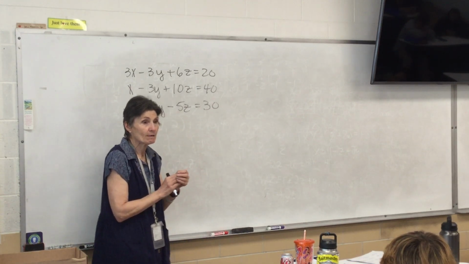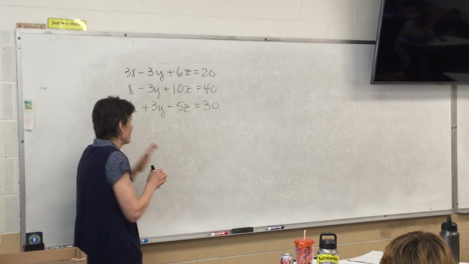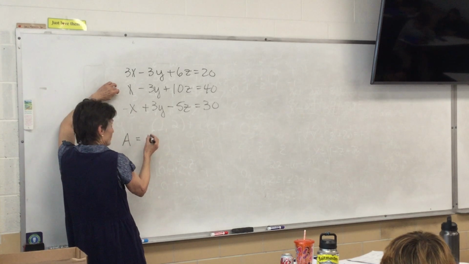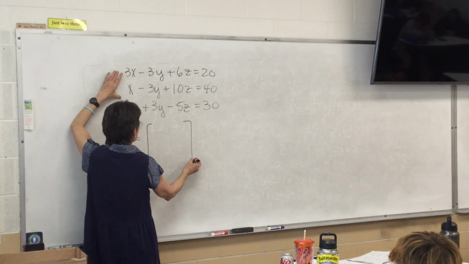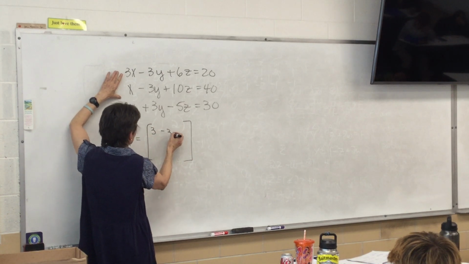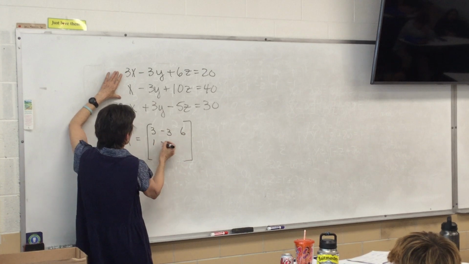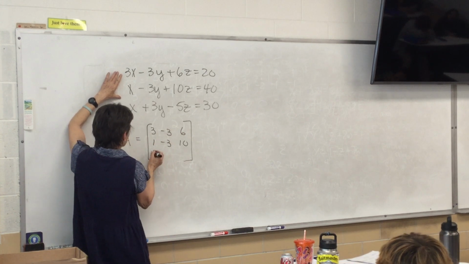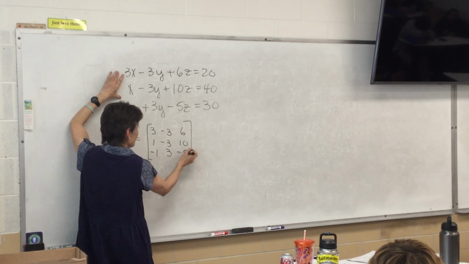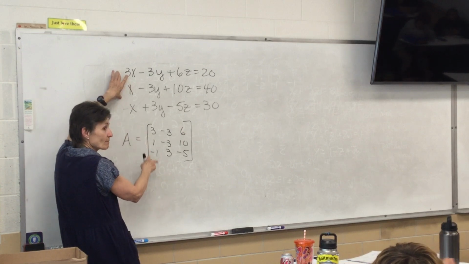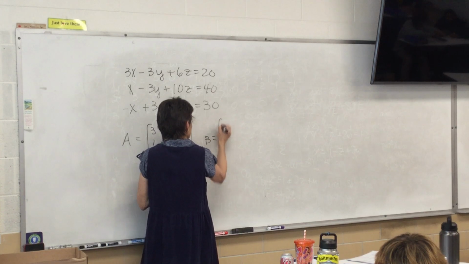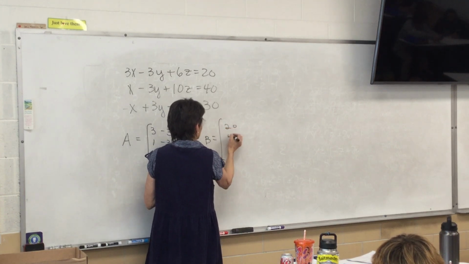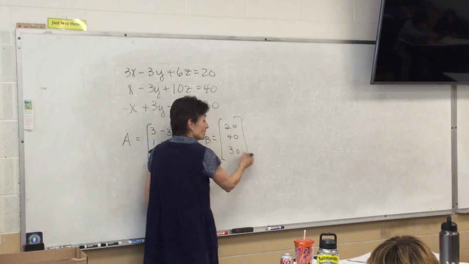If we're using the inverse method, remember A is the matrix of coefficients. So 3, negative 3, 6, 1, negative 3, 10, negative 1, 3, negative 5. That's the matrix of coefficients. B is the constants. Is this starting to look familiar now?